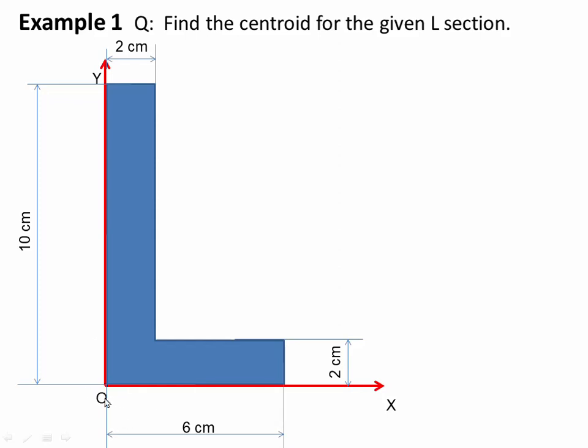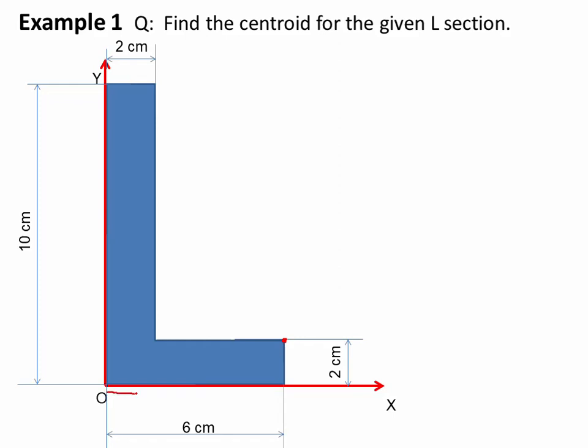So I have created the origin here, X axis here and Y axis here. I think you know how to calculate the points with respect to the origin. Suppose if you want to calculate this point, you have to measure from the origin along X and Y direction.